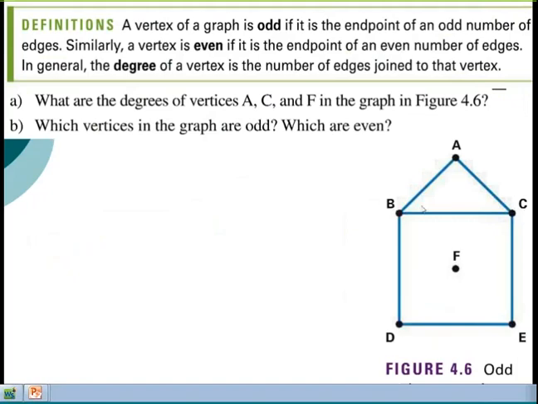So let's look at this picture over here at A. Let's start there. This is an even vertex because there are two edges, two lines that touch it. C is odd because we've got 1, 2, 3 different edges that touch C. And then finally F. F is actually even because it has nothing touching it.